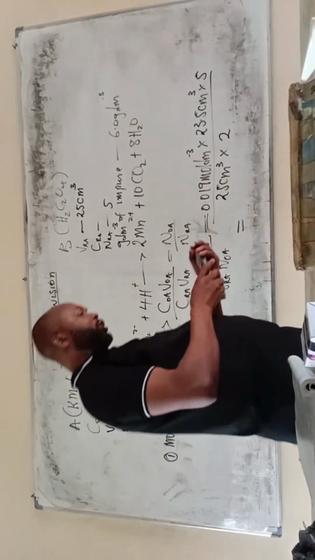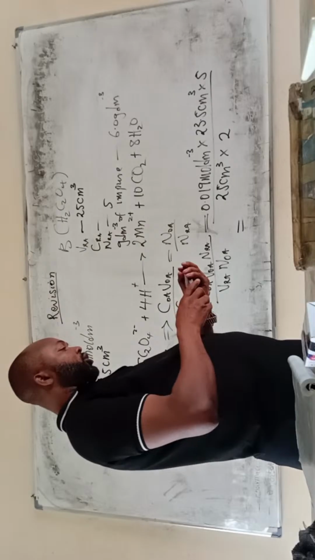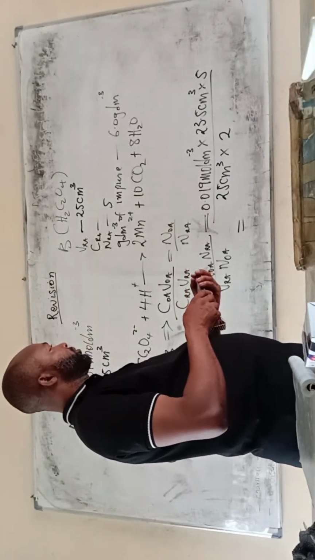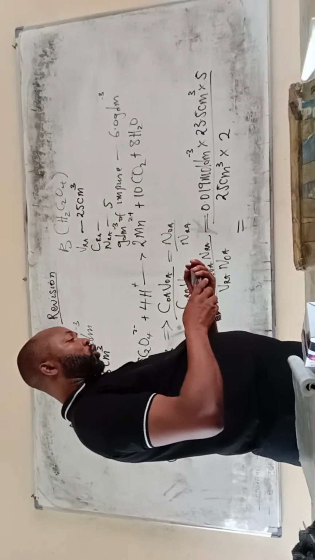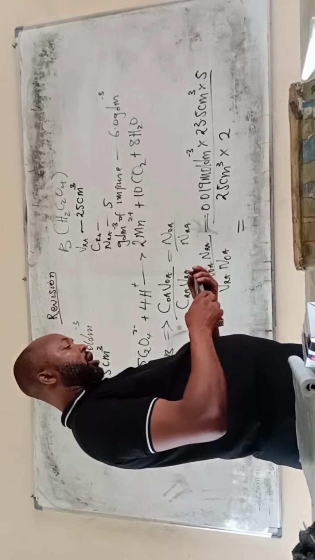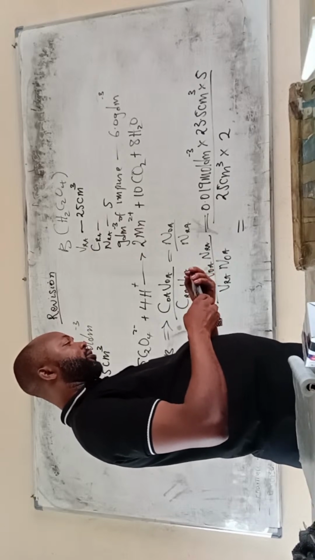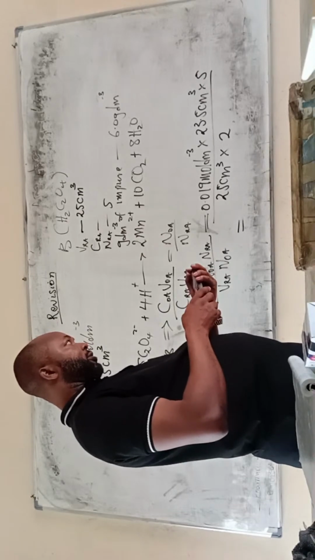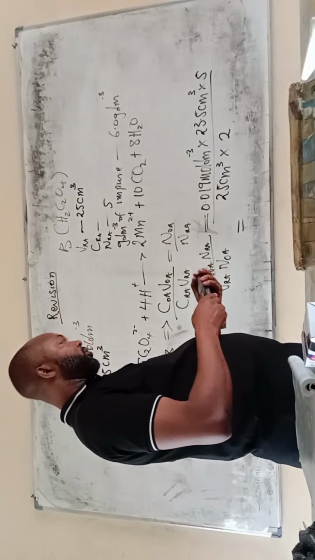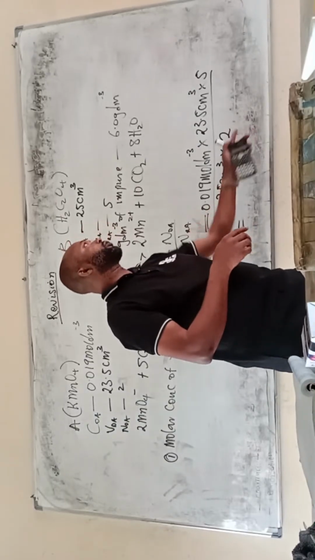So I have 0.019 times 23.5 times 5, divided by 50, since 25 times 2 gives us 50.